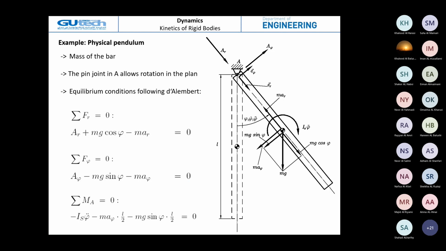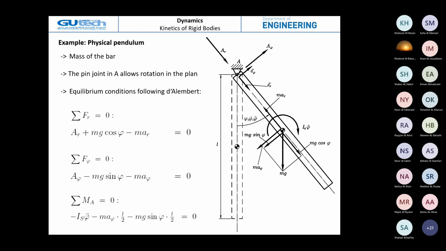Now the third one, we make the sum of the moments about A equal to 0. In this case, we have this moment, which is opposite to the z-axis, in the negative direction. This is inward. Then we have I_A phi dot dot.